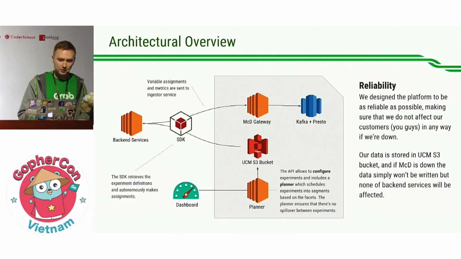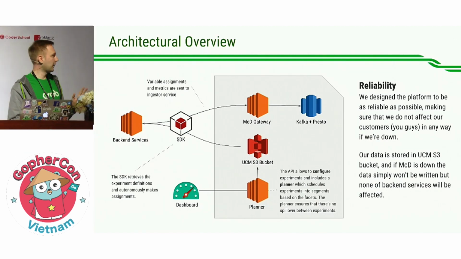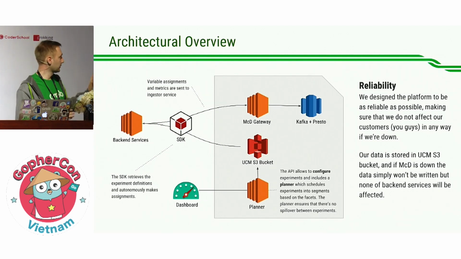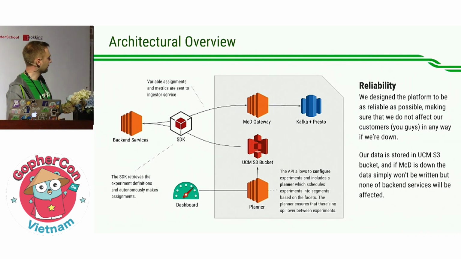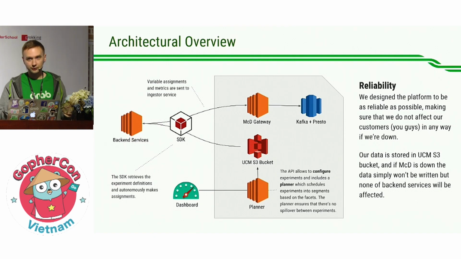Right. So in a very, very high level architecture, that's how it looks. We have our SDK, which resides in all the backend services. We have our configurations, our JSON definitions, which basically live in S3.